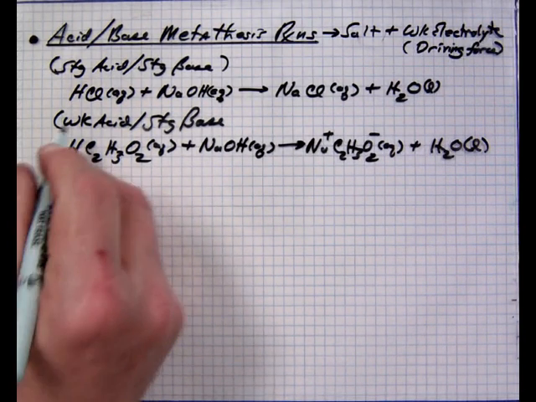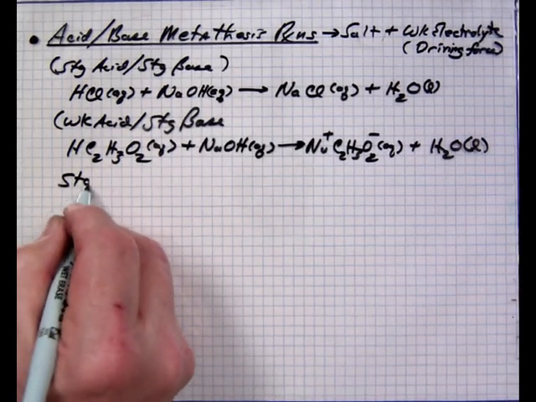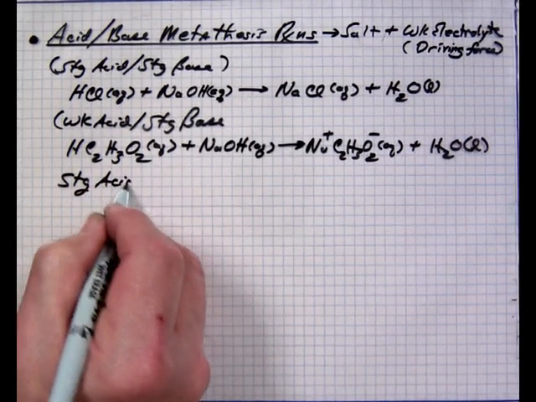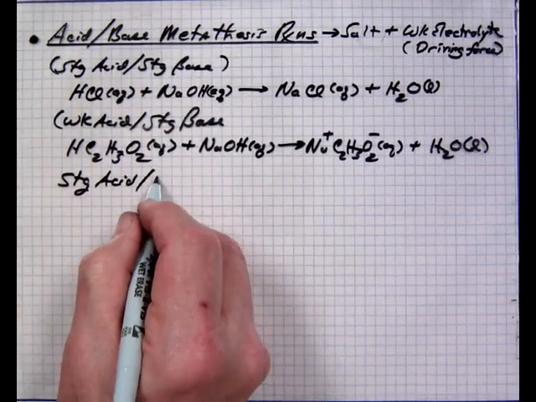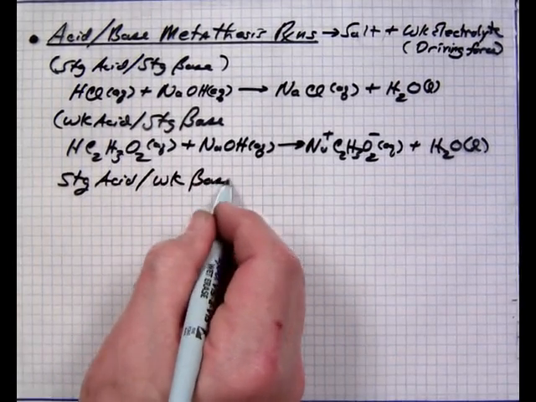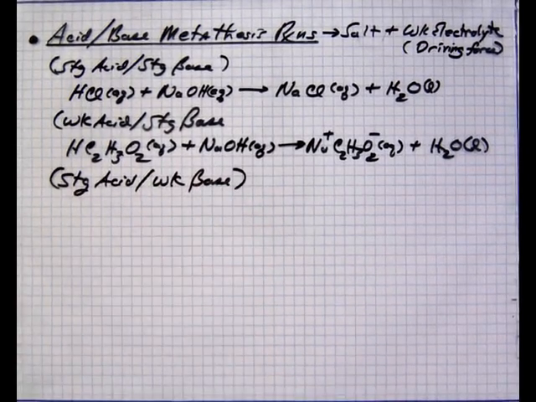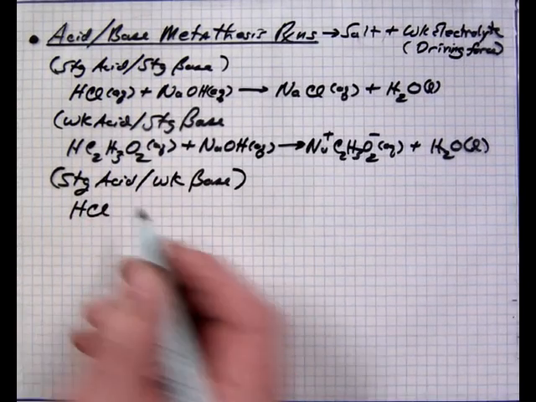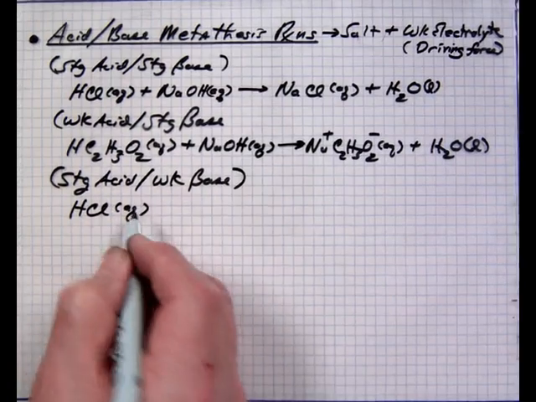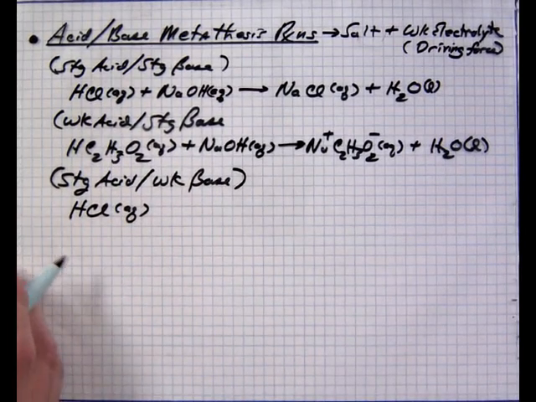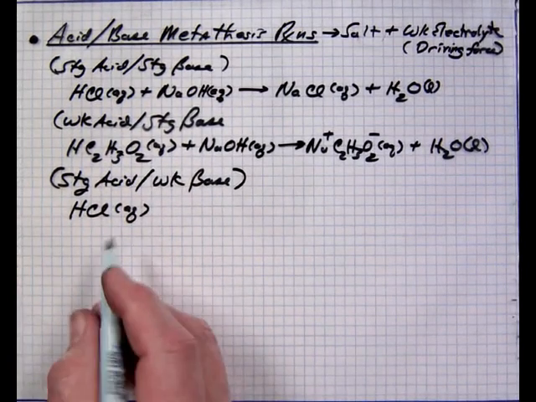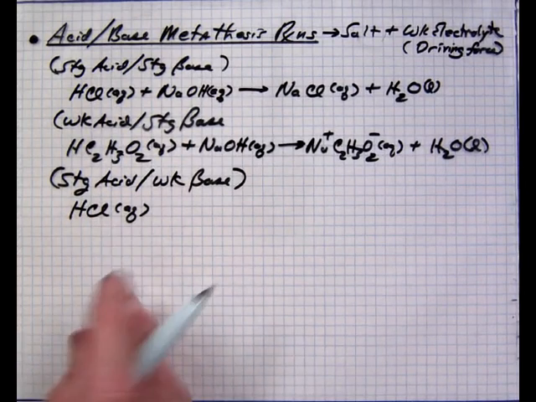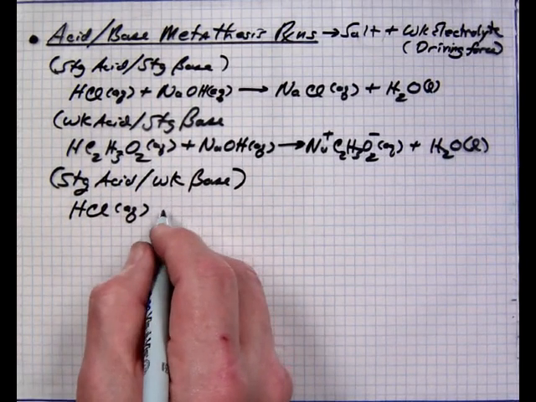We can have a strong acid and weak base titration, in which we could hypothetically say HCl, aqueous. There's also HBr, HI, HNO3 is a monoprotic, and other strong acids.